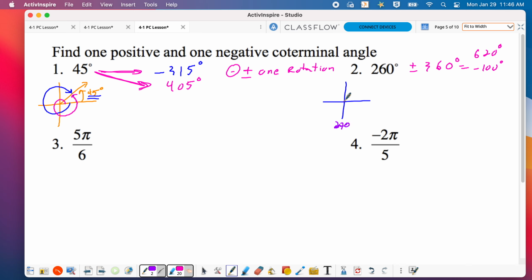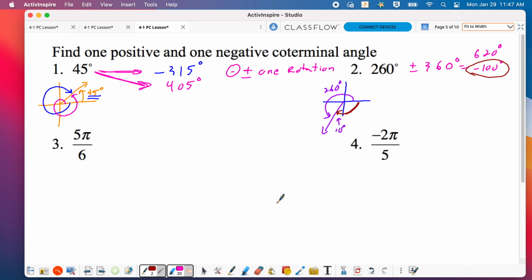So if I rotate 10 degrees short of the bottom, that's 260 degrees. So that tells me if I rotate down 90 degrees and another 10, that gives me my negative 100. So just understanding where it is will help also.